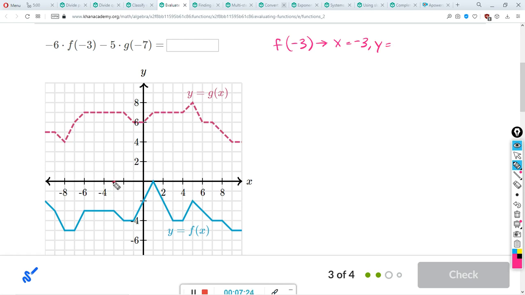This is -3. Okay, and we're dealing with the f graph. That's this one. So I'm going to go to the point, trace it to the point right there. Okay, and what's the y coordinate? Trace it to the y-axis right there. Okay, this is -6, -4, -2, so this must be -3.